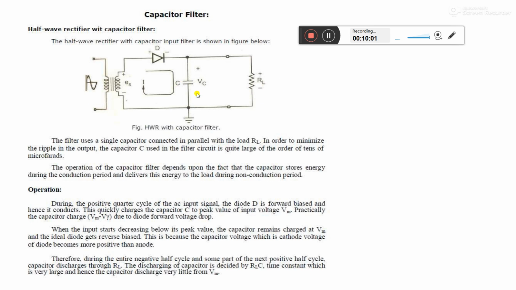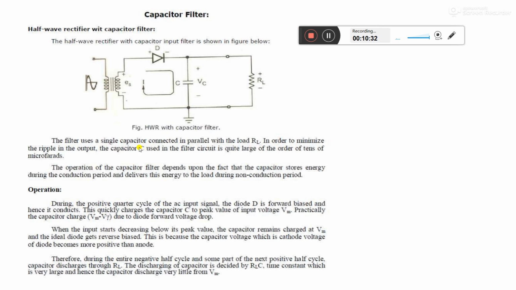The transformer and this diode compose a half wave rectifier circuit. So the filter uses a single capacitor connected in parallel with the load in order to minimize the ripple in the output. The capacitor C used here is quite large, of the order of tens of microfarads.